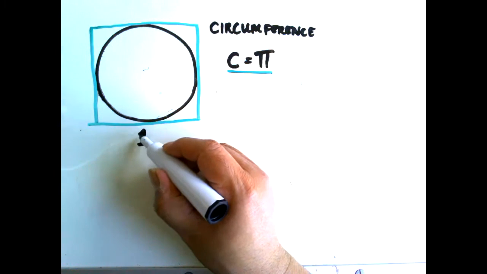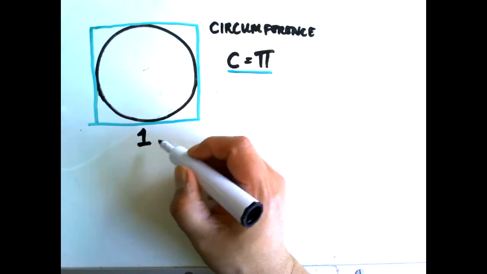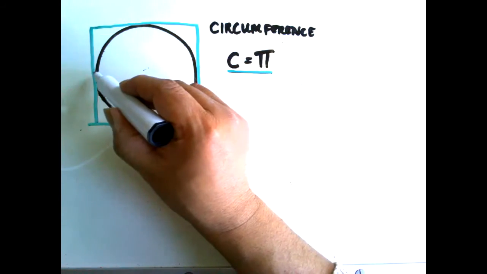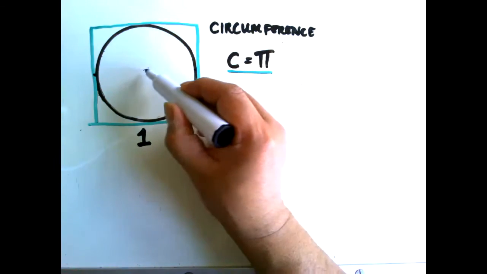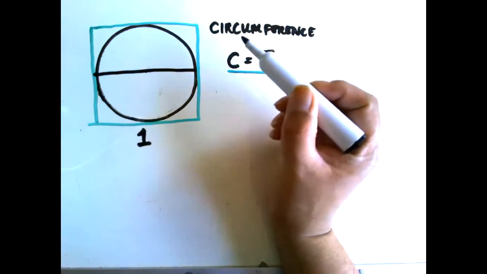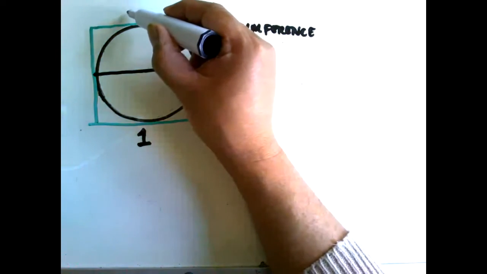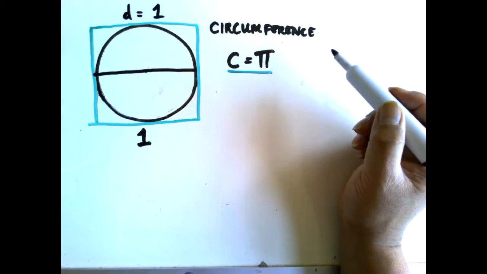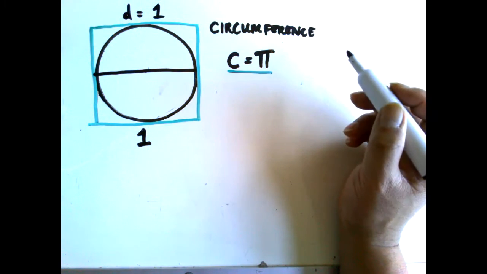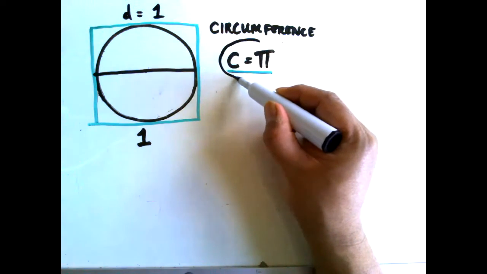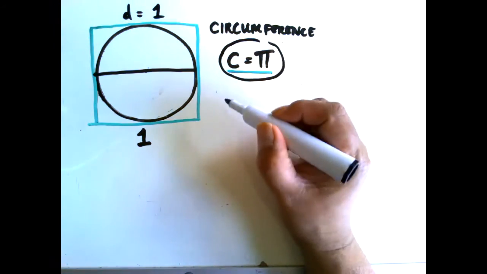So when 1 is its length, that means the diameter of the circle is also 1. So I'm going to put here the diameter is also 1. And so let me ask one of you, what was the formula or the method of trying to get the value of pi?